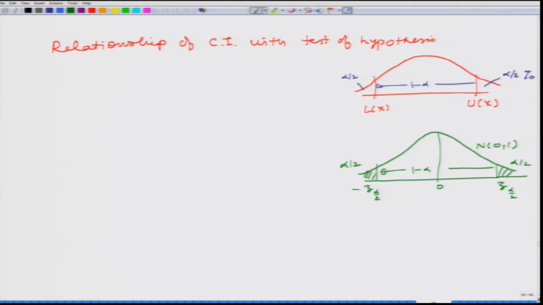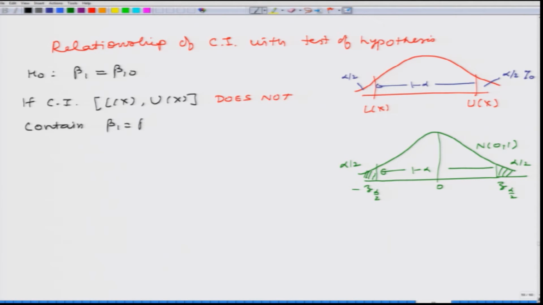Right. So, now if I consider here the test of hypothesis H0: beta 1 is equal to beta 1 naught. Right. So, the rule is very simple. If the confidence interval, say this here, Lx, Ux, does not contain beta 1 equal to beta 1 naught, then H naught is rejected.